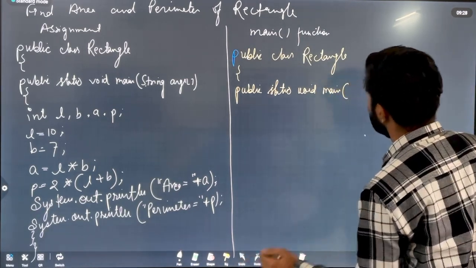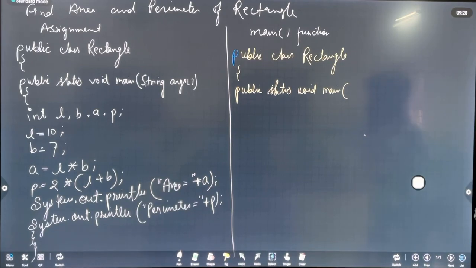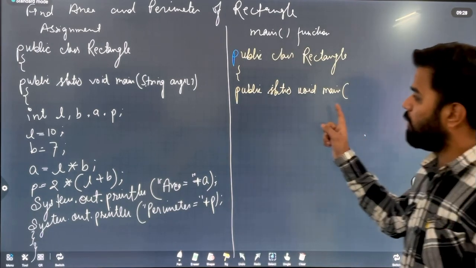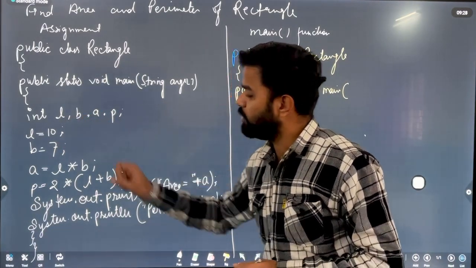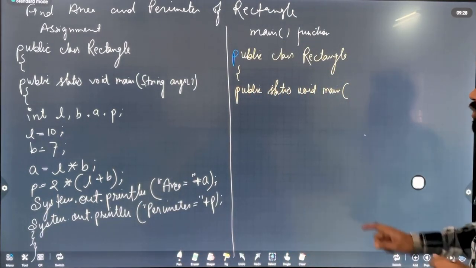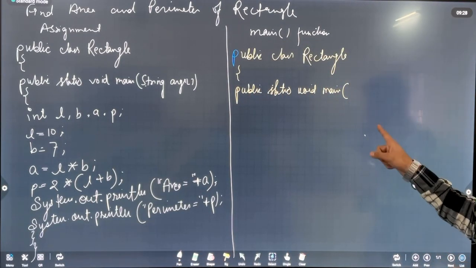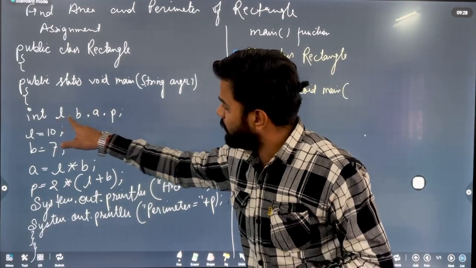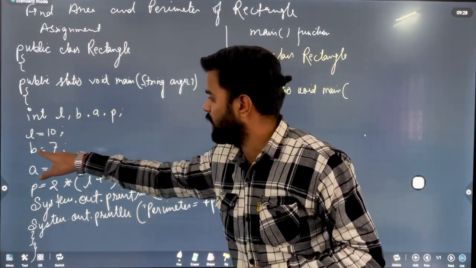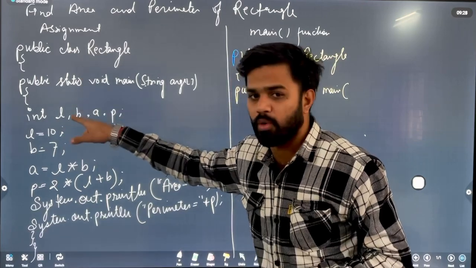But in the place of String args, we will write the names of those variables where we want to initialize the values. To find the area and perimeter of a rectangle, there is a requirement of L and B. Here L equal to 10, B equal to 7, the values given by the programmer.